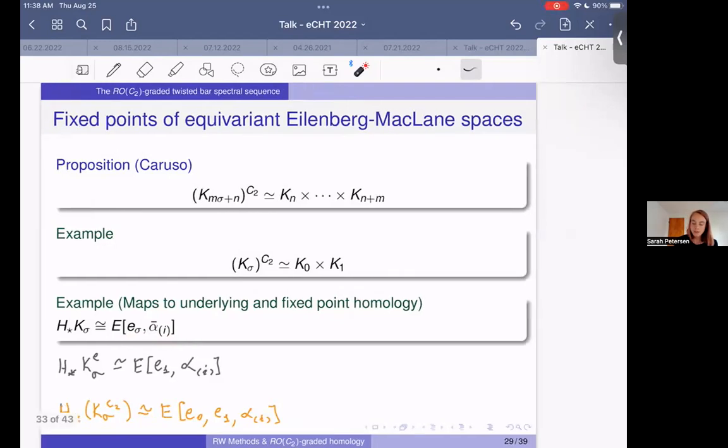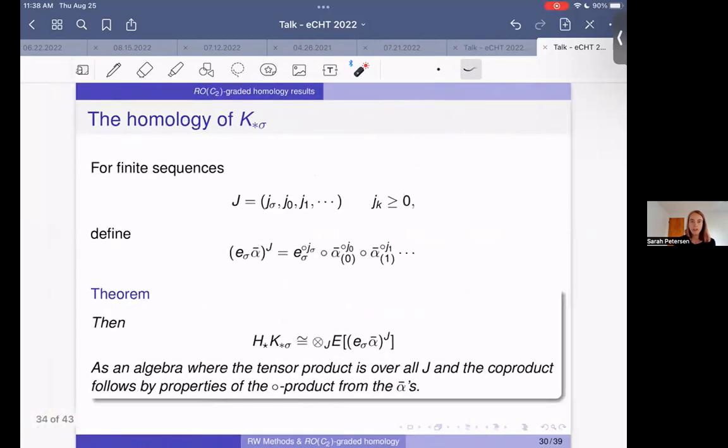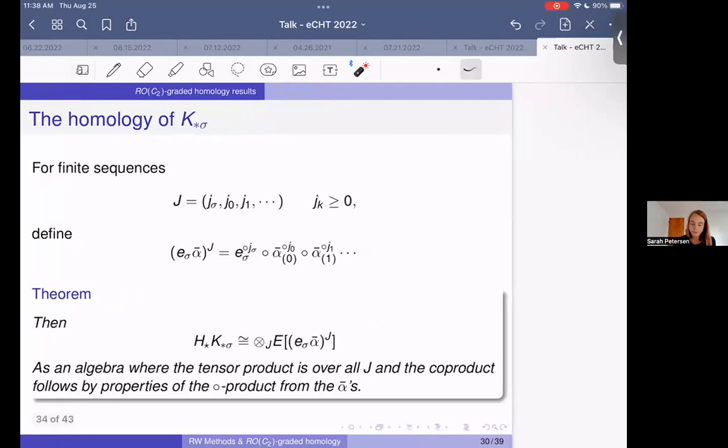So one can use the Behrens-Wilson computational lemma to produce the homology of the K sigma spaces and take finite indexing sets and look at circle products of elements E sigma and alpha bar i's, and then understand where those map on the underlying and fixed points levels. That shows that the homology is in fact exterior on these generators. And this answer mirrors the non-equivariant answer at the prime 2.